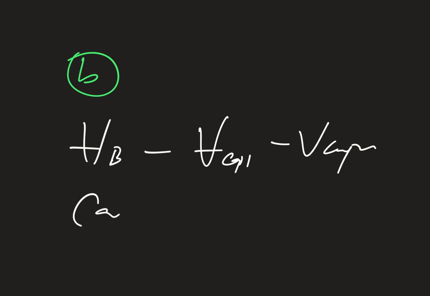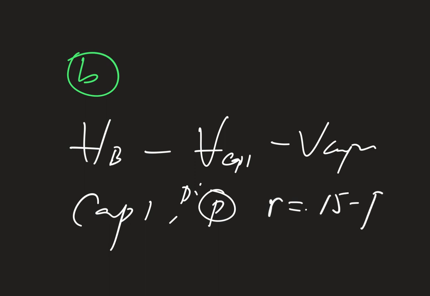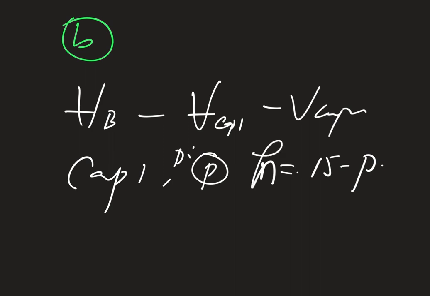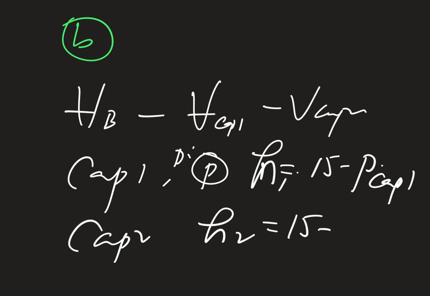So just now for Cap 1, the distance is P, which means that from the center, which is 15, the H is equal to 15 minus P. The H for Cap 1 is 15 minus P. For Cap 2, because it's at the bottom, the H is equal to 15 minus 3P.